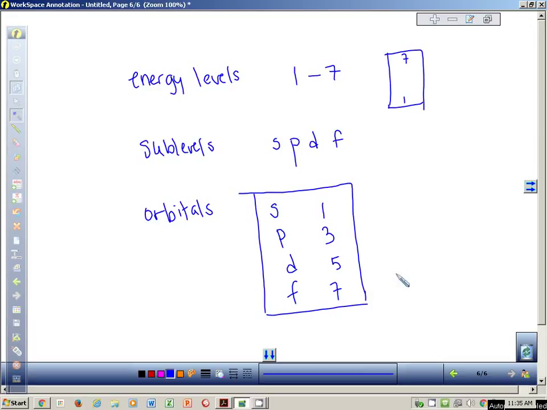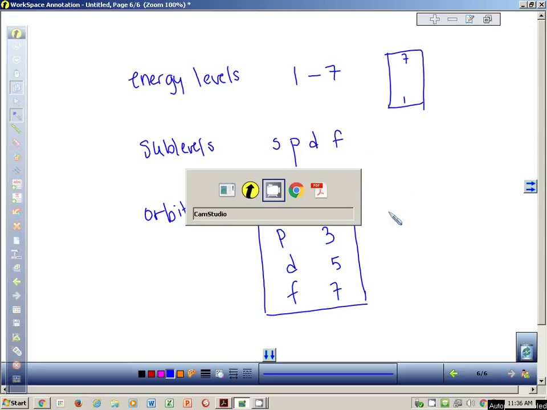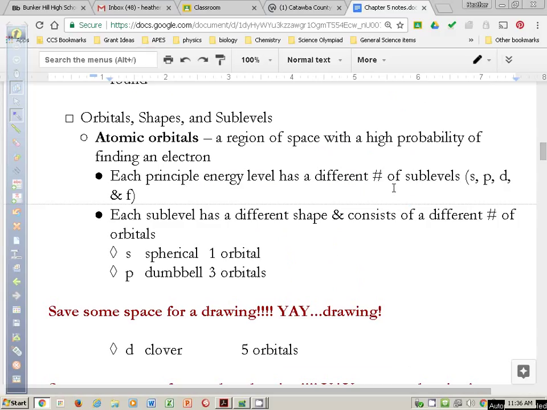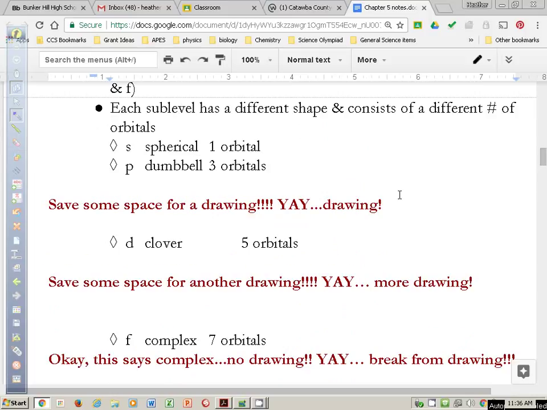What we're going to look at next is the shape of the sublevels and what they look like, and then we'll look at how they fall into the apartment building, like how they fill up the floors. So if you go back to your notes, I had this little piece of notes right here.